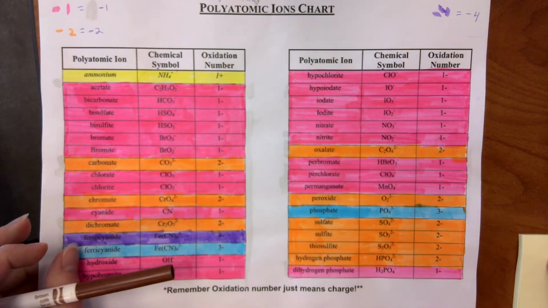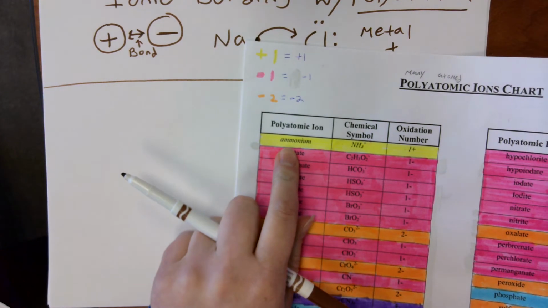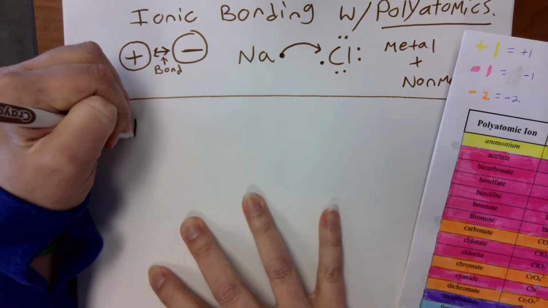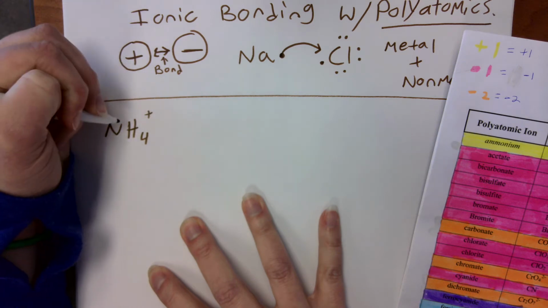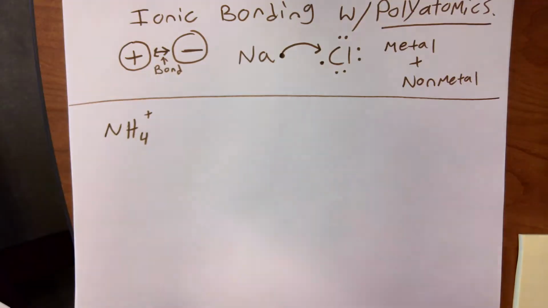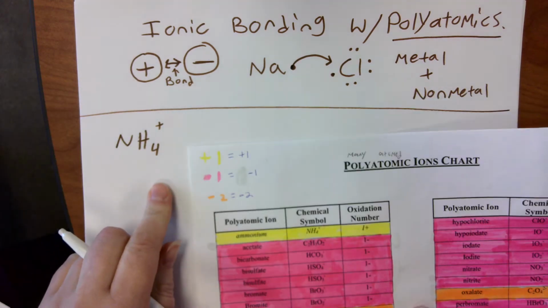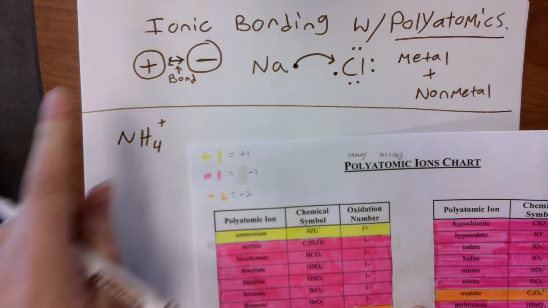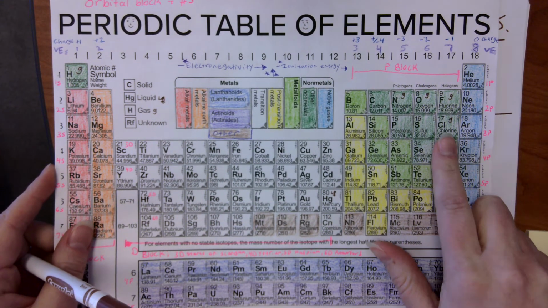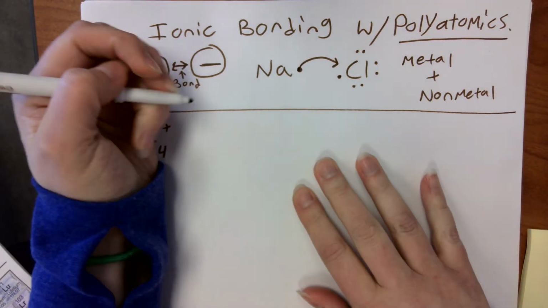So let's try making a bond with our first ion, ammonium, NH4. We already have a cation here, so for this to work, we need a negative ion to go with it. If we look on the periodic table, let's take chlorine, our classic chlorine.